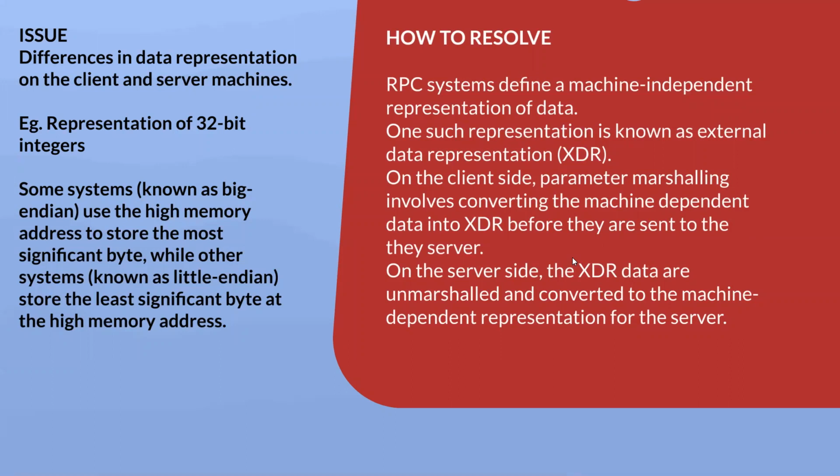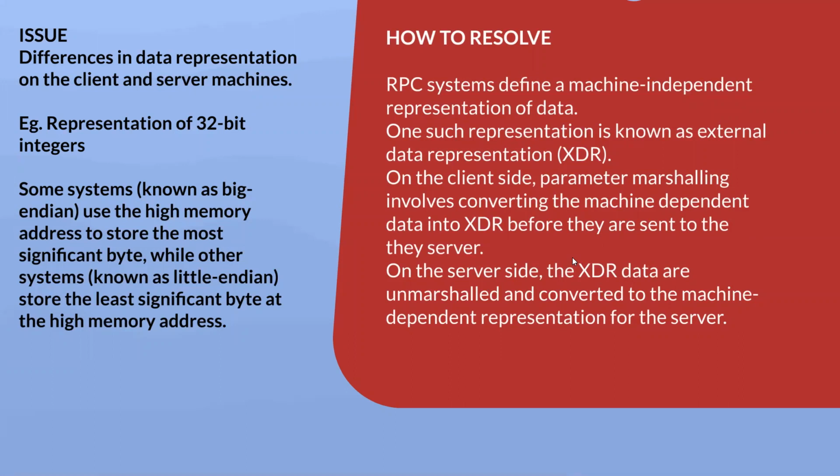Now, when my RPC works, how will it know which one to use, big-endian or little-endian? And sending this information also requires a lot of resources. So, how do we resolve this problem?